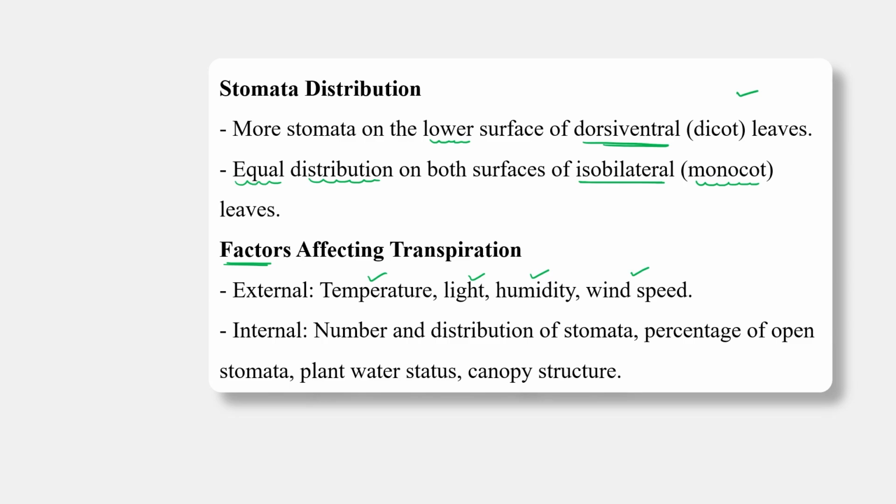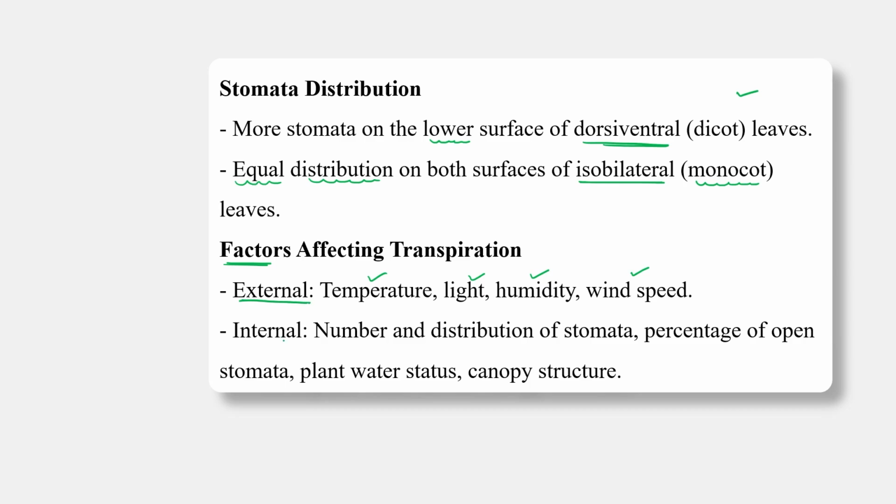Water content is more outside the membrane, so transpiration is less. Wind speed increases the transpiration. If temperature is high, concentration of water in the atmosphere is very less, so very quickly water moves from leaf to outer atmosphere as a vapor. Similarly for the light. So these are the external factors.